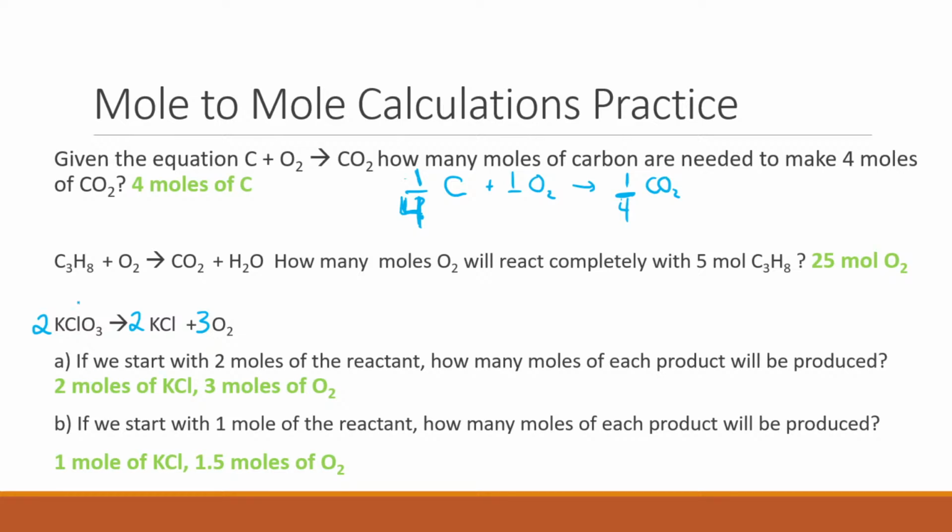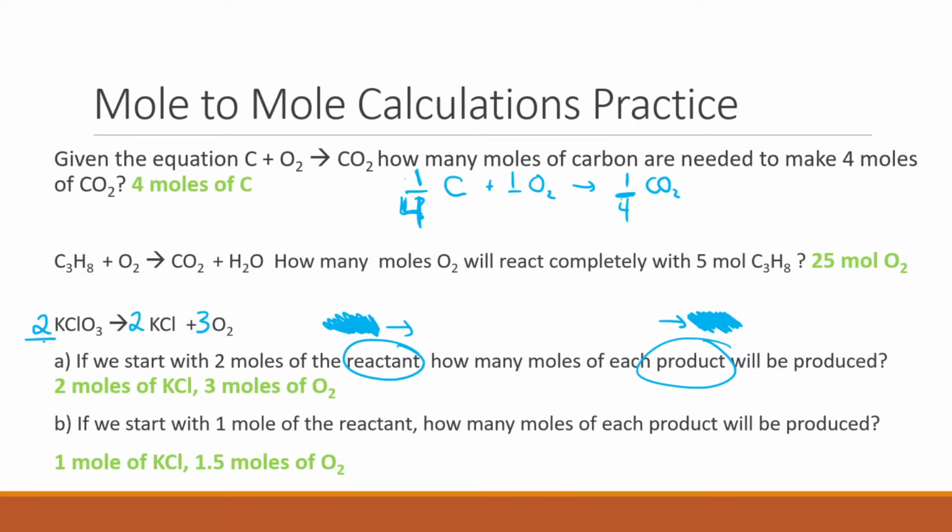And here they're saying if we start with 2 moles of the reactant, or reactants plural, is anything on the left side of the arrow. So here, KClO3 is our reactant. How many moles of each product? Product is anything on the right side of the arrow. How many moles of each product will be produced?